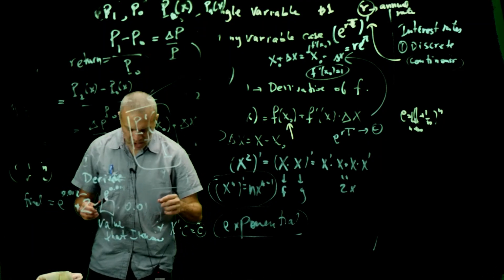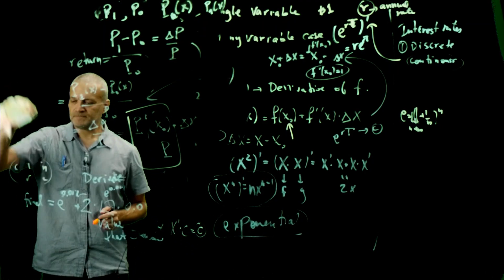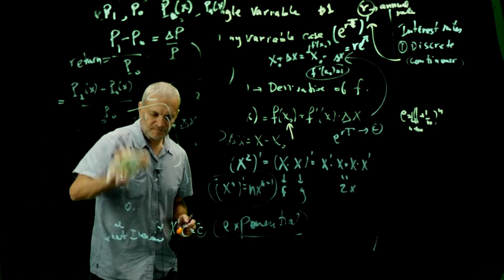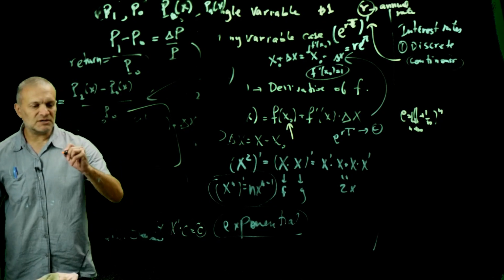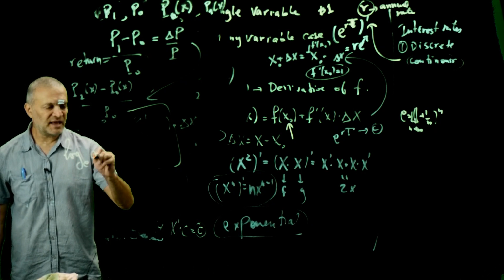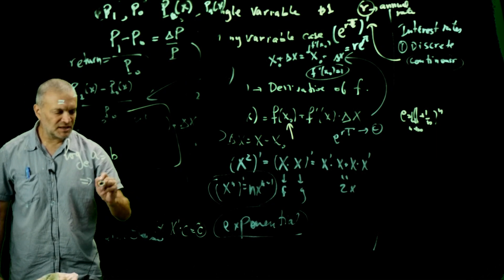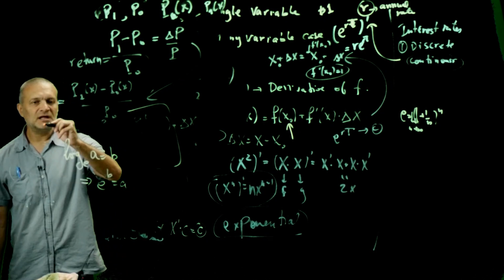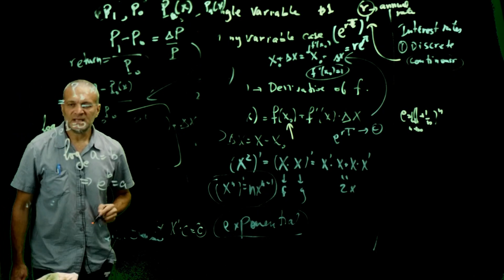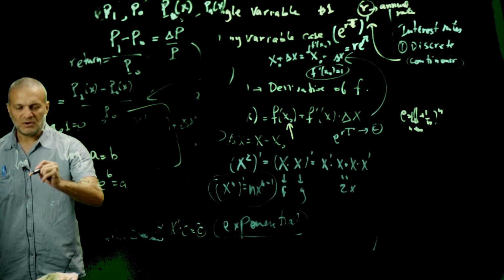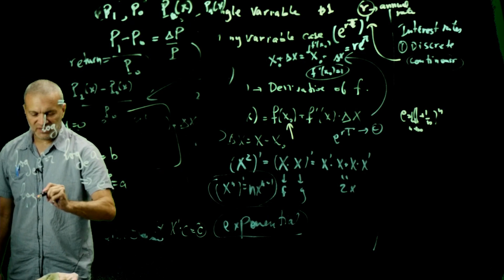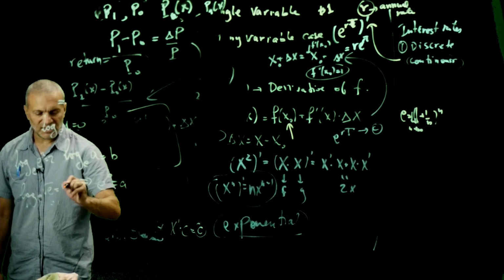So let's look at the log. So what is a log? I remind you that if you have log base e of A equals B, it means that e to the B equals A. For example, log of e to the 1 equals 1, log of e squared equals 2, log of square root of e equals a half.